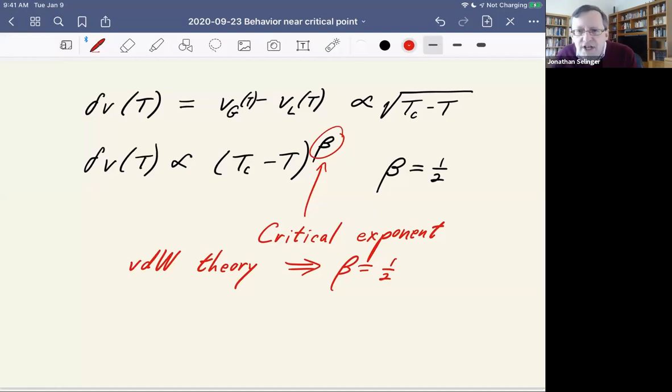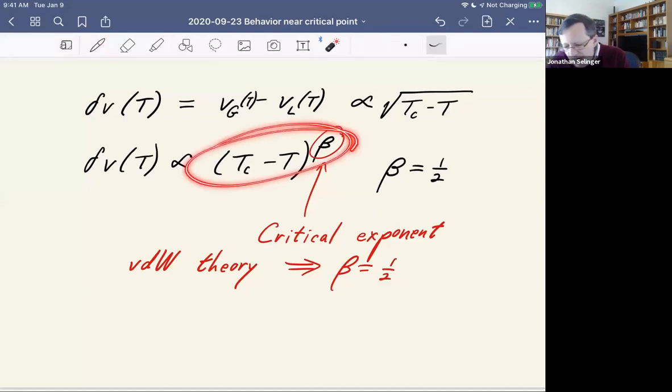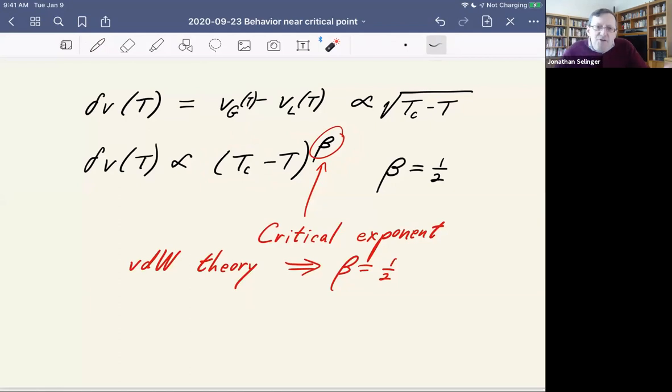And so this is telling people that if they go to the lab and study the densities of liquid and gas close to a critical point, they will find that the difference of densities goes to 0 in this way, as a square root, as opposed to with some other exponent.